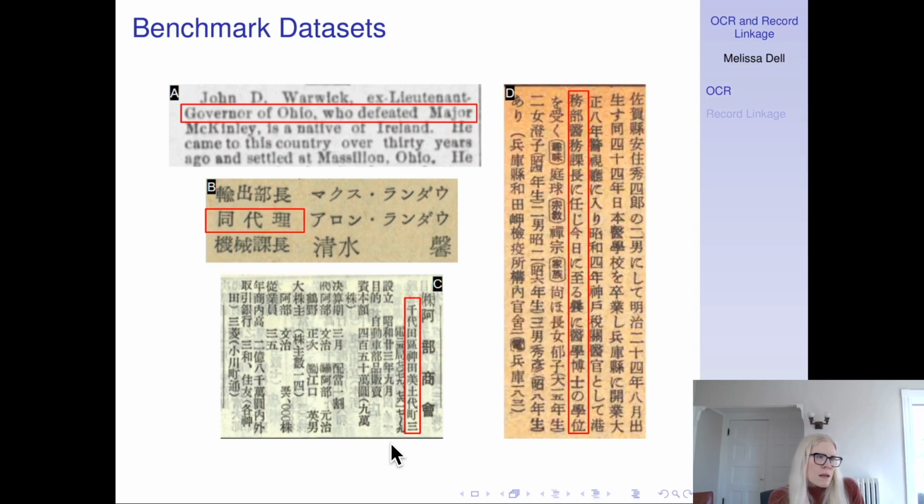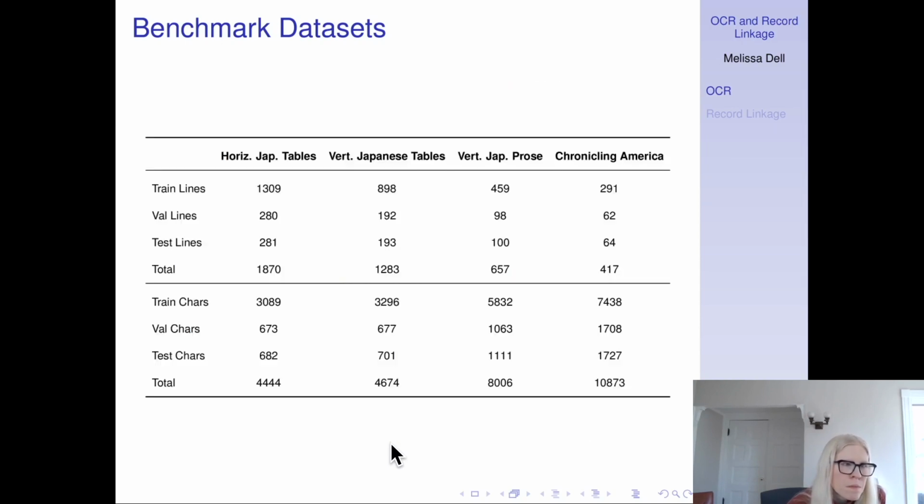And so these are example images from our benchmark data sets. You can see the historical newspapers, as well as B, the horizontally written Japanese tables, C, the vertically written Japanese tables, and D, the Japanese prose.